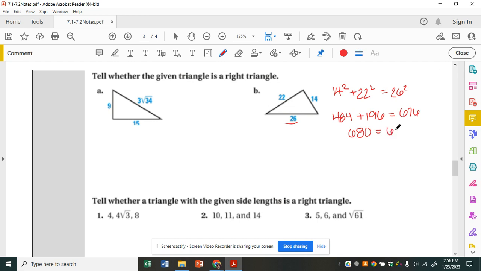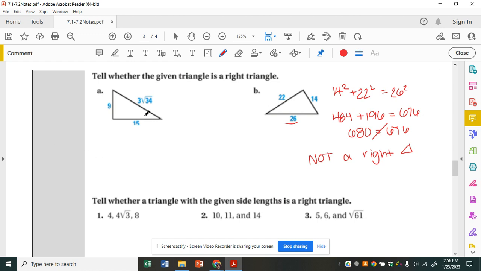This still stays as the 676, and 680 does not equal 676. That doesn't work, which means that this is not a right triangle. If it did work out, if I got 680 equals 680, or if I got 676 equals 676, that's where I would confirm, yes, that triangle will be a right triangle.